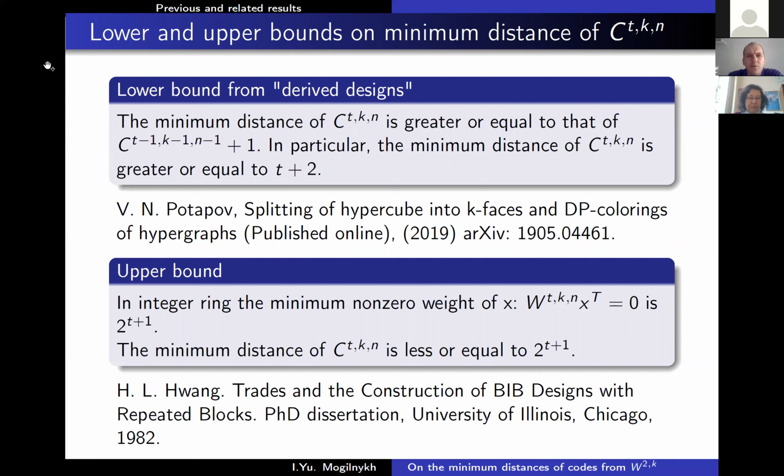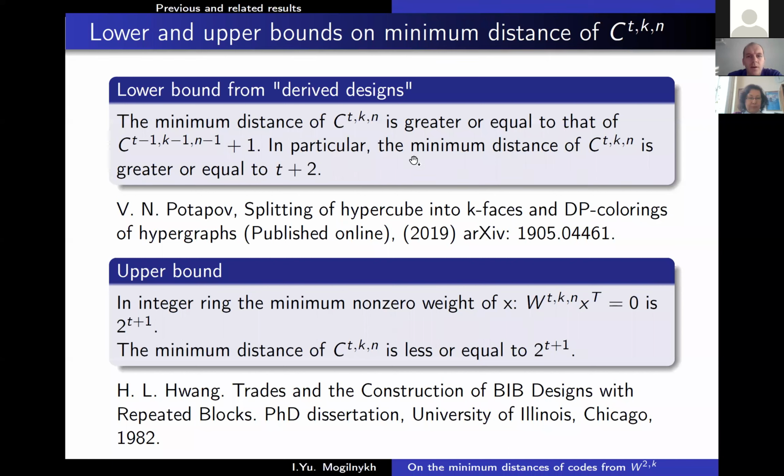Lower and upper bounds on the minimum distances of the codes are as follows. A lower bound could be obtained from using the notion of a derived design. We'll speak about this notion maybe later. But according to this approach, the minimum distance of the code C_tkn is at least the minimum distance of the code C with parameters t-1, k-1, and n-1, plus 1.